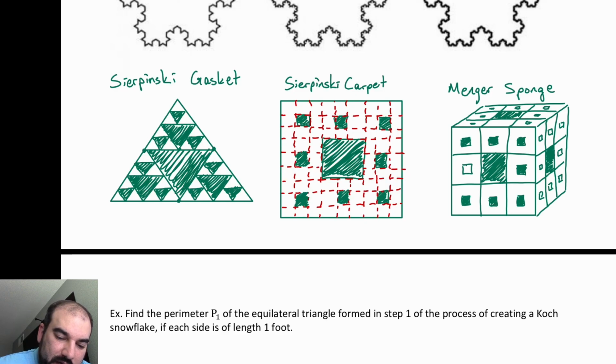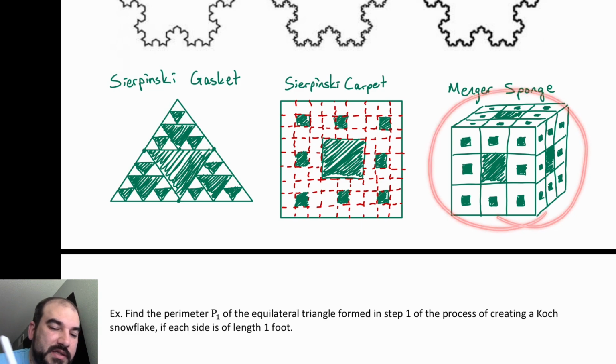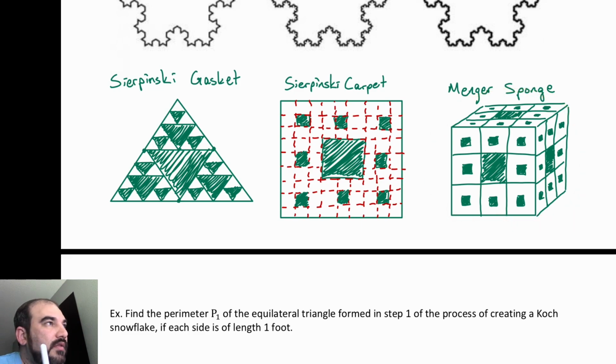Now, very interesting things about these fractals are kind of the surface area versus volume conversation. For example, the removal of volume when done infinitely means that as we continue this process for the Menger sponge, the volume of the cube that we started with, as we remove more and more pieces, approaches zero.